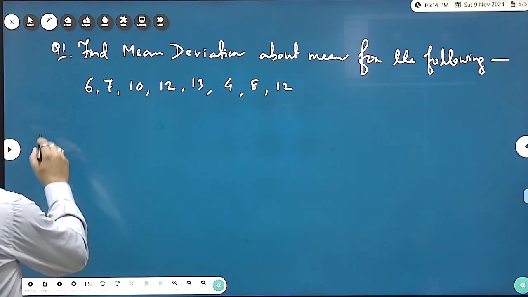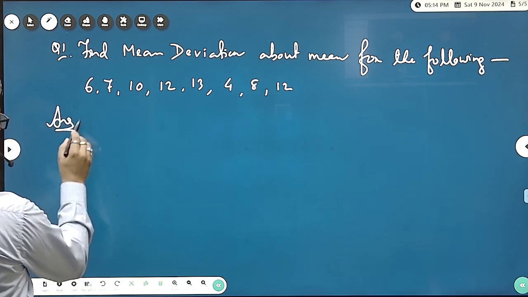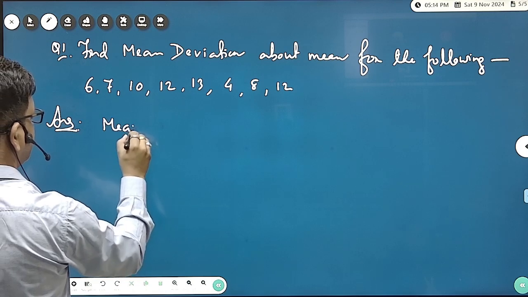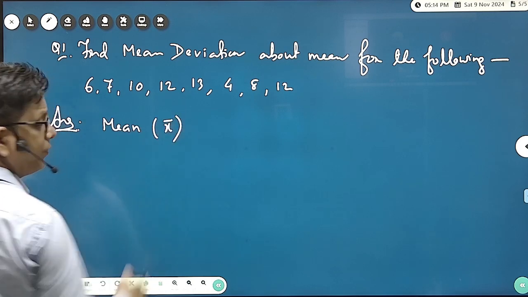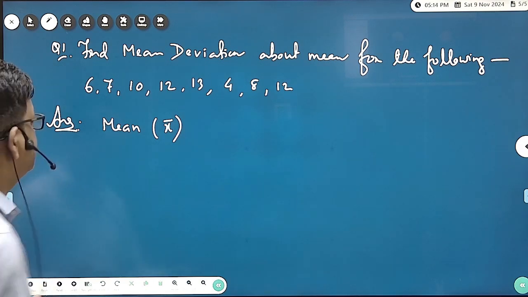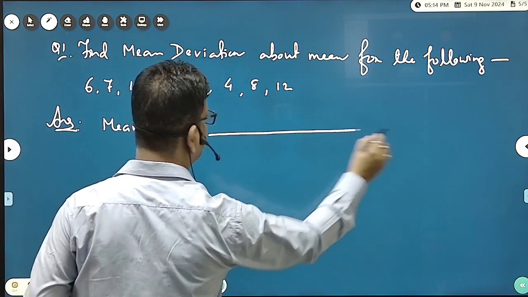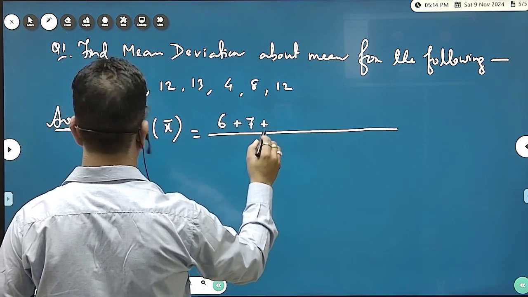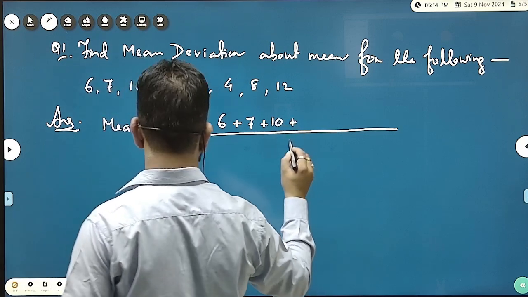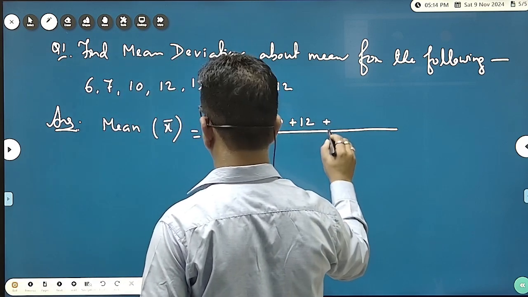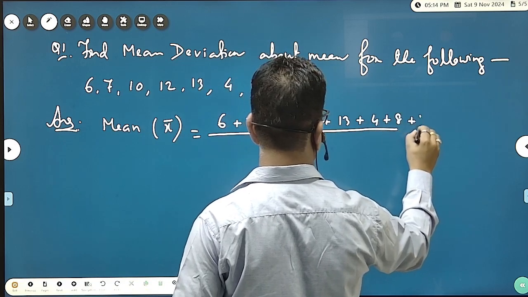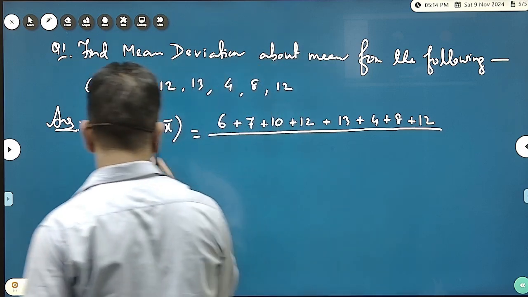To get it, as I told you, I'm starting with discrete data. First you get the mean, the symbol is x bar. And mean for discrete data, as you know, we need to just sum up all the numbers. So 6 plus 7 plus 10 plus 12 plus 13 plus 4 plus 8 plus 12, and then divide by the total number of observations.